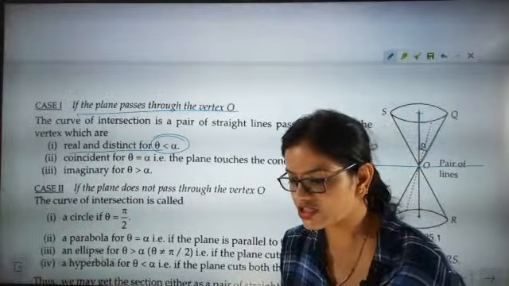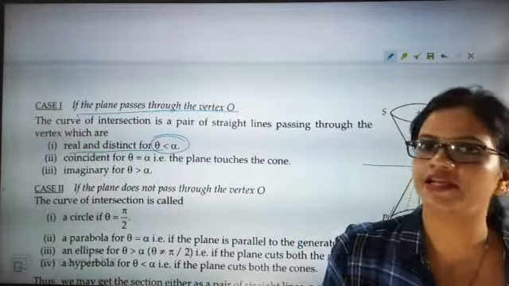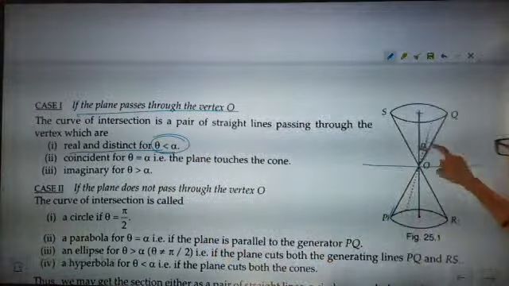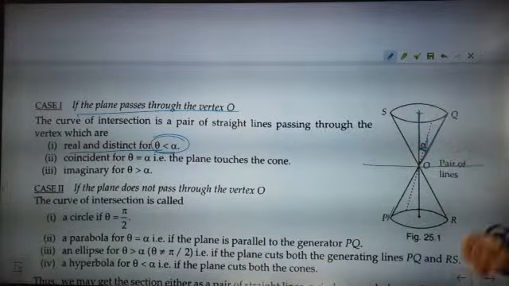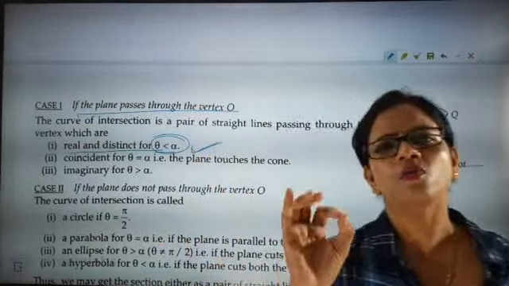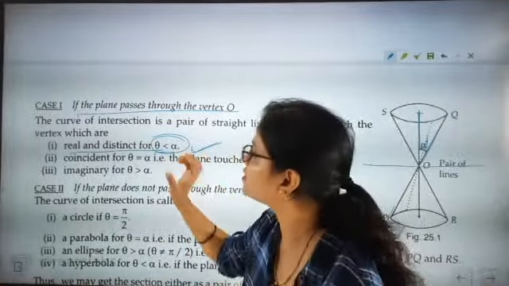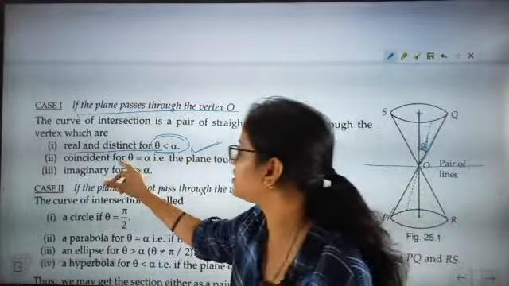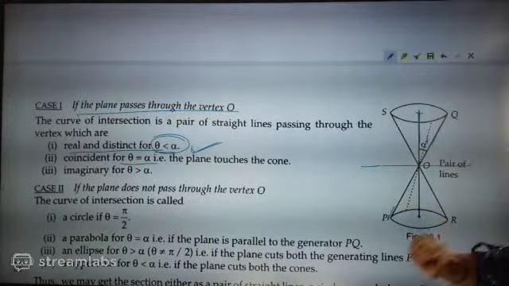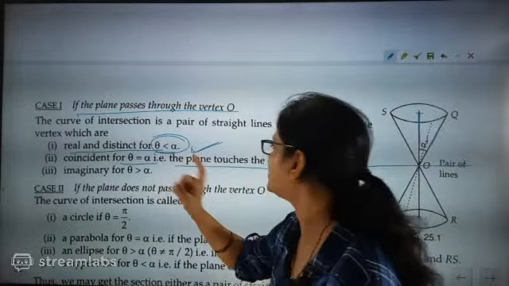Theta is the inclination angle. Now if theta is less than the semi-vertical angle, then whatever conic comes will be a real one. When theta is equal to alpha, that means the inclination angle is equal to alpha, then the plane touches the cone.